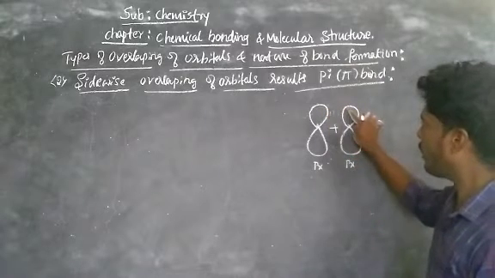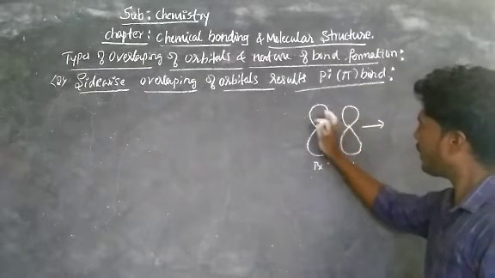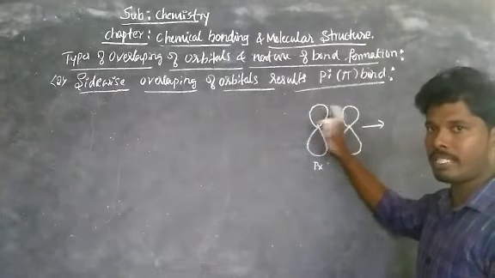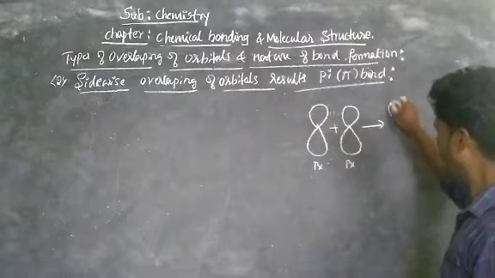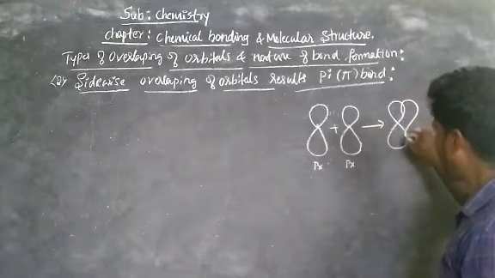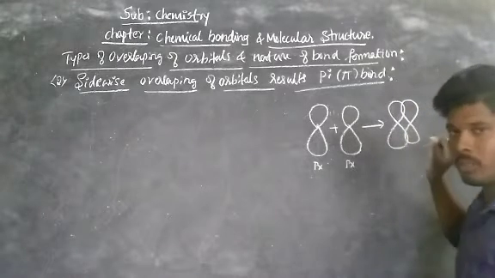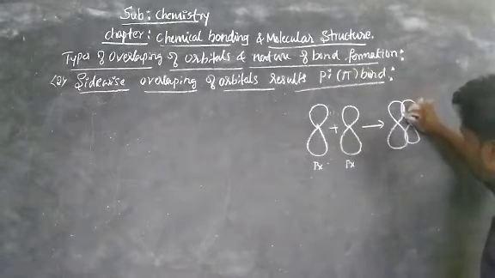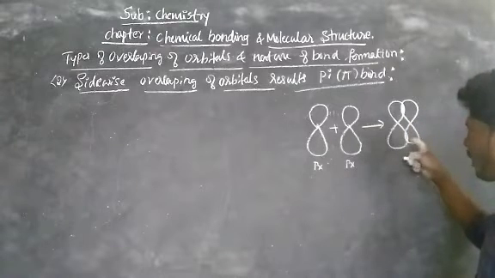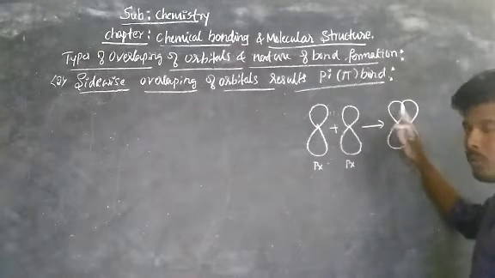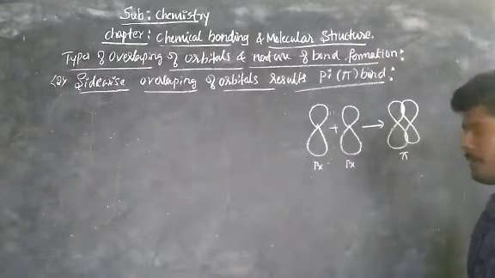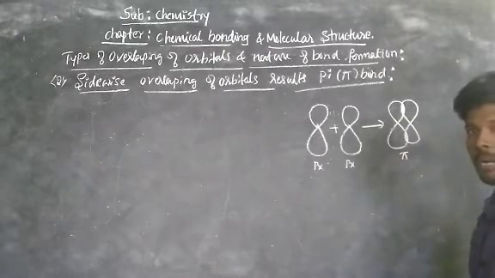Let us assume this is one orbital and the second one overlaps like that. Observe one orbital is overlapping here and the head of another orbital is overlapping here. That side-by-side overlapping we call sidewise overlapping, which results in the formation of a pi bond.